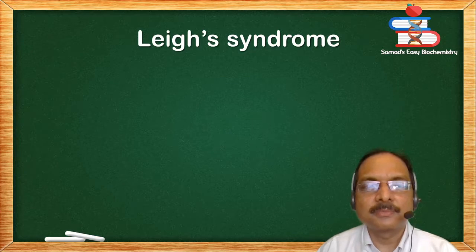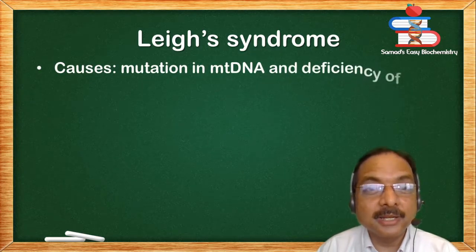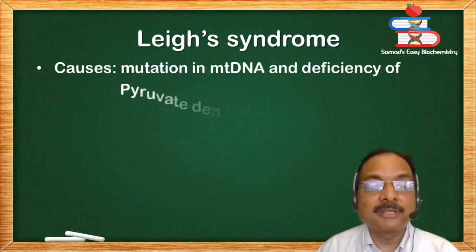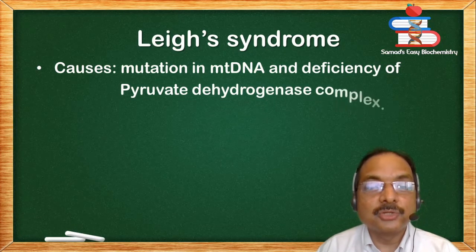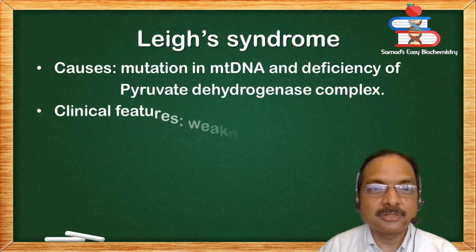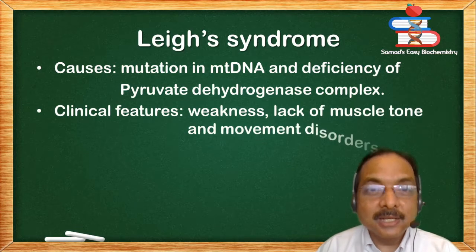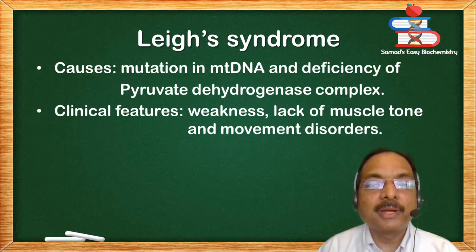Leigh syndrome is caused due to mutation in mitochondrial DNA and deficiency of the enzyme pyruvate dehydrogenase complex. Clinical features of Leigh syndrome are weakness, lack of muscle tone, and movement disorder.